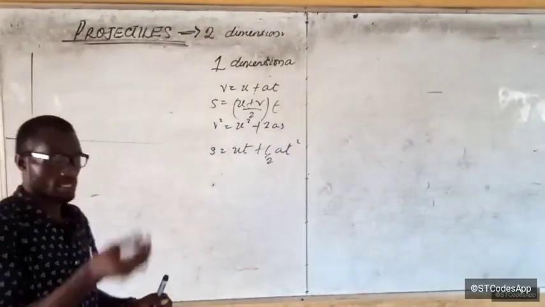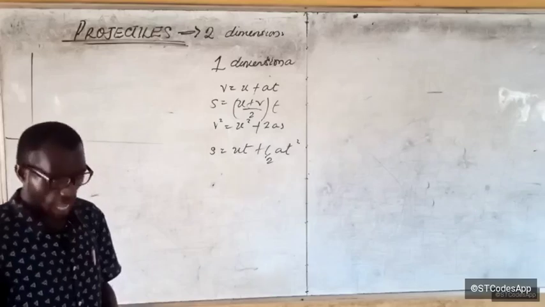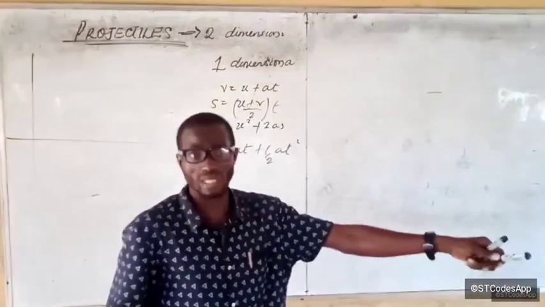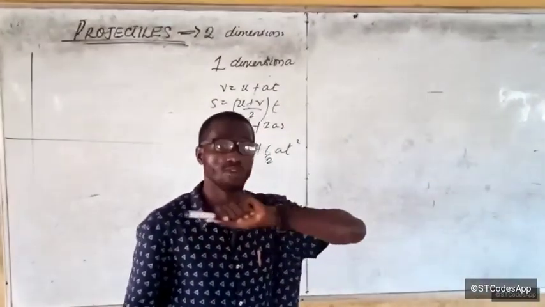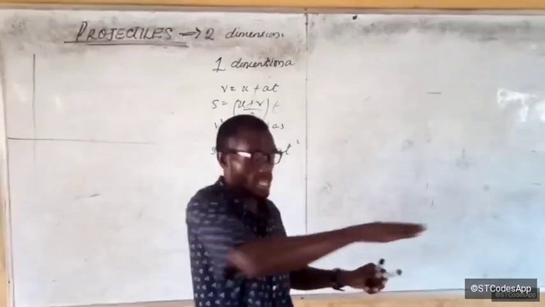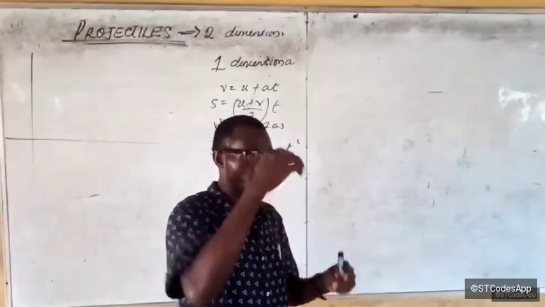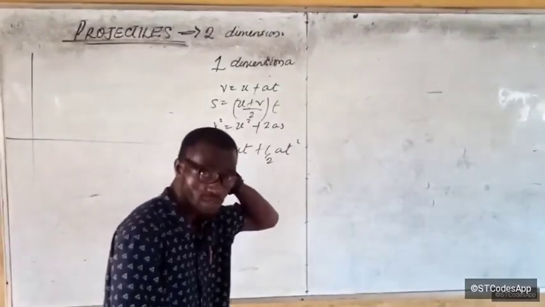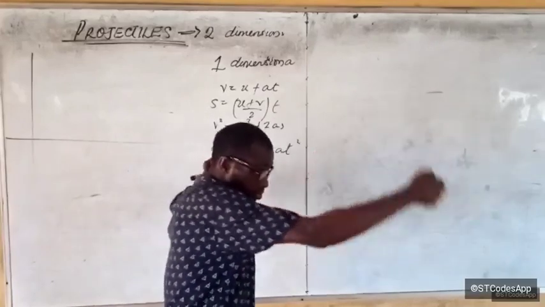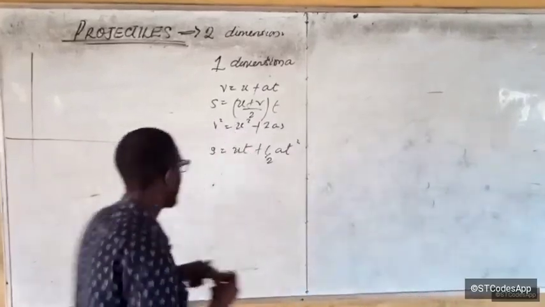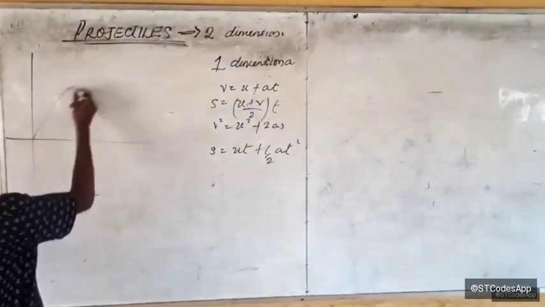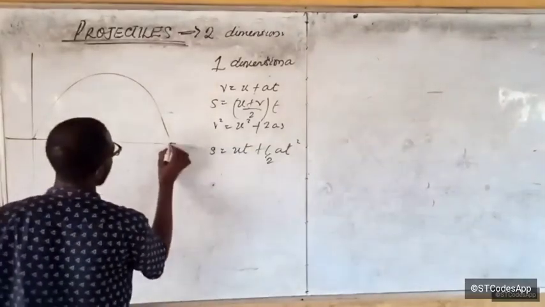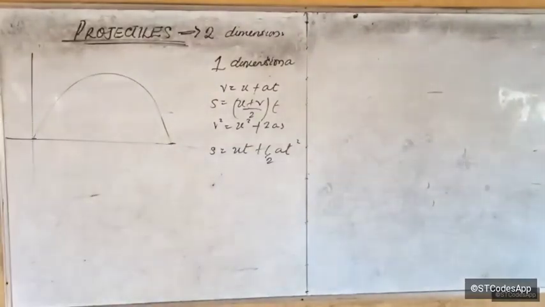So when I launch it from a particular height or a particular level, it's going to come back down to that level, provided that I throw it at the same plane with the place the body lands. So if I launch it from the ground, it goes up and goes back to the ground. Is that okay? So its path is exactly like this. It starts from a horizontal surface and gets back to a horizontal surface.